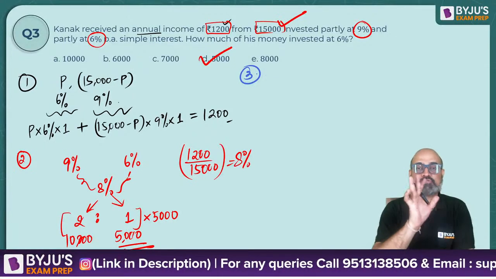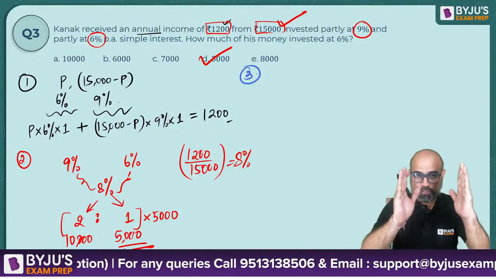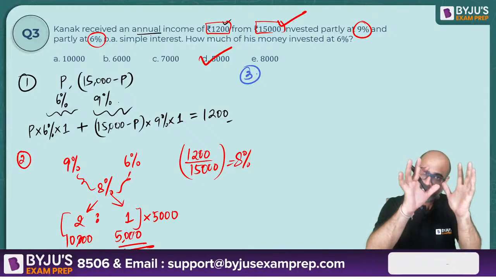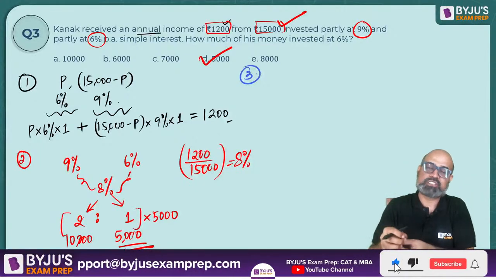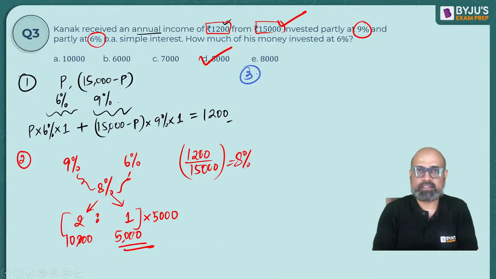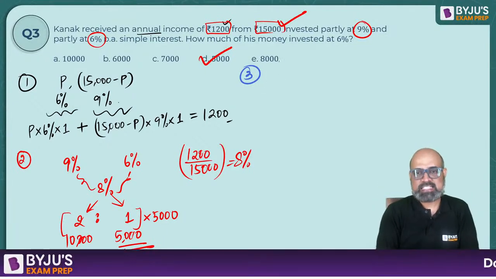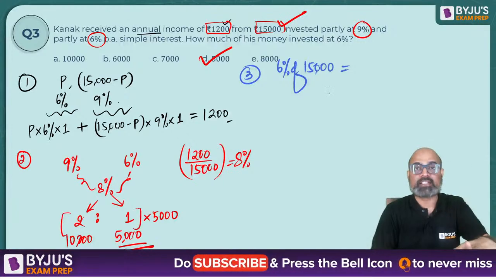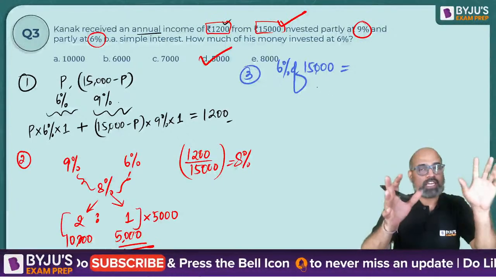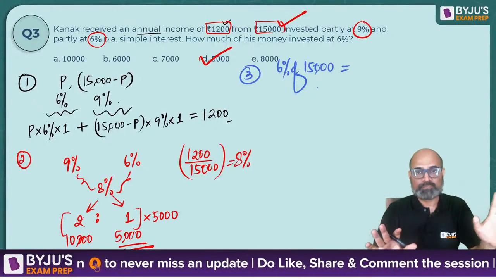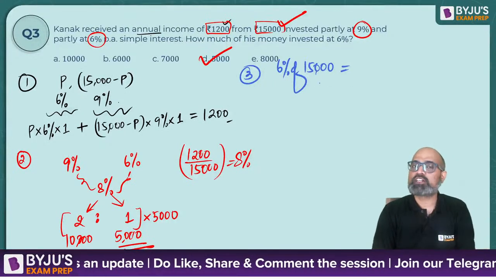If I have 15,000 rupees और उस 15,000 में से 6% interest आता है and from the remaining part I have got 9% rate of interest, can I say 6% तो आएगा ही आएगा? Can I say 6% of 15,000 will definitely be the interest that I will get? क्योंकि आप सोचो 15,000 के एक पार्ट का 6% निकल रहा, remaining का 6% तो आ ही रहा है उसका भी, right?